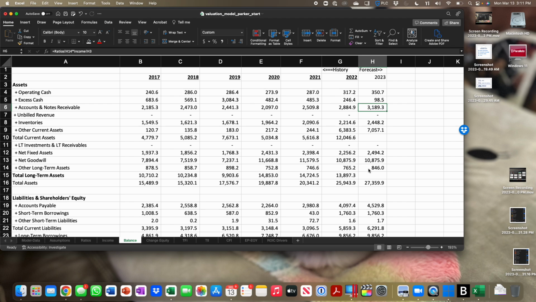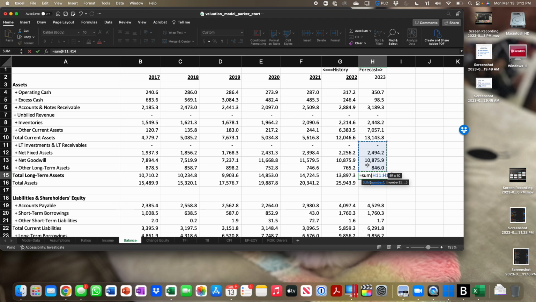Okay? Now I can just put in my sums. Take my current assets, which is H10, sum everything above. Equals sum from H4 all the way down to H9. Take my long-term assets. Sum the four above from long-term investments, net fixed assets, goodwill, and other long-term assets.